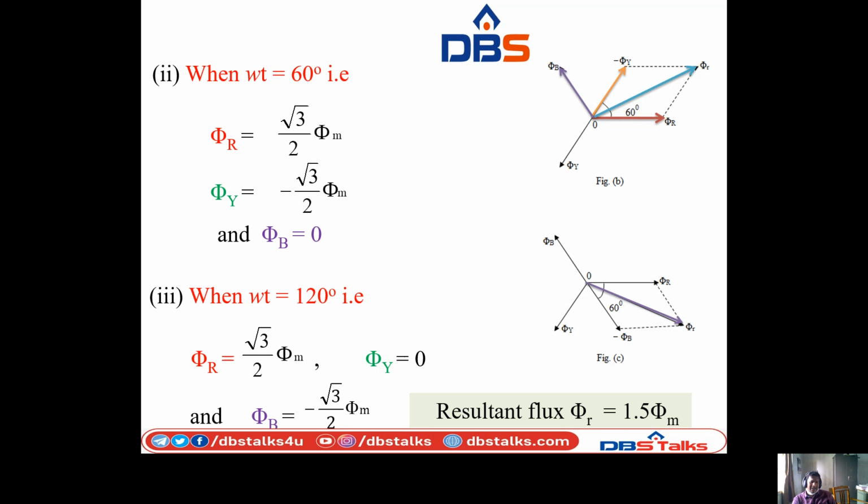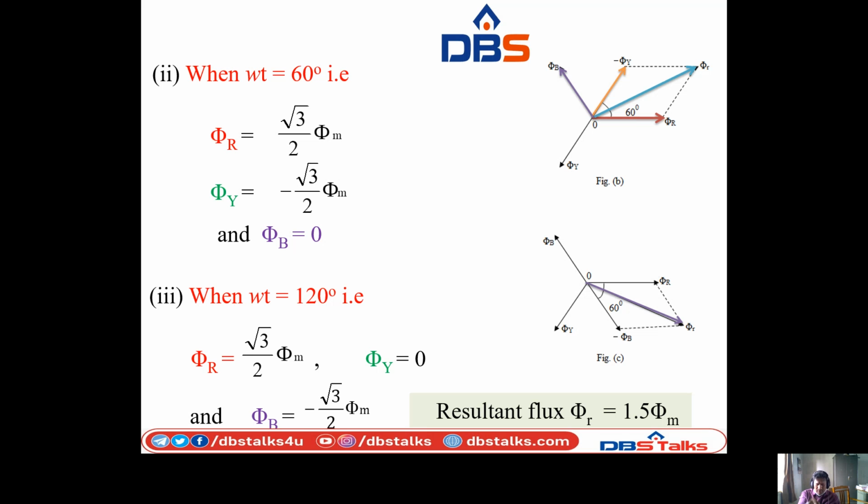Suppose we go for omega t equal to 120 degrees. Again, substituting this 120 degrees in the above three equations, we are getting the values like this. So in this case, phi Y must be 0. That means phi R is positive, phi B is negative. So we have to draw the phasor diagram as usual.